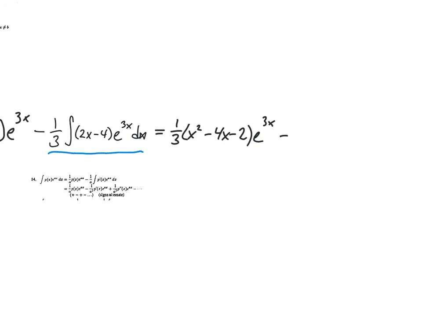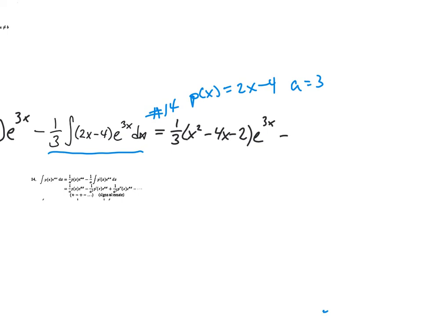Well, now I'm looking at this integral, and now I'm going to use rule number 14 again, using p of x equals 2x minus 4, because that's the polynomial I'm multiplying by the exponential. And again, a equals 3. A is going to equal 3 the whole time here.